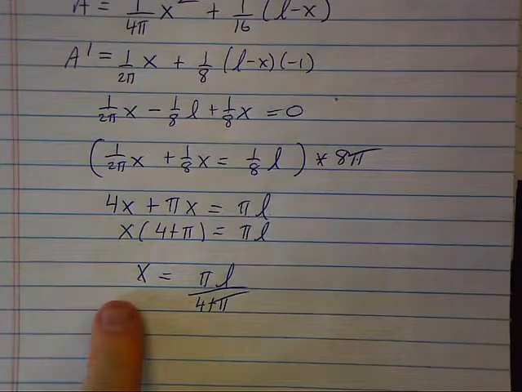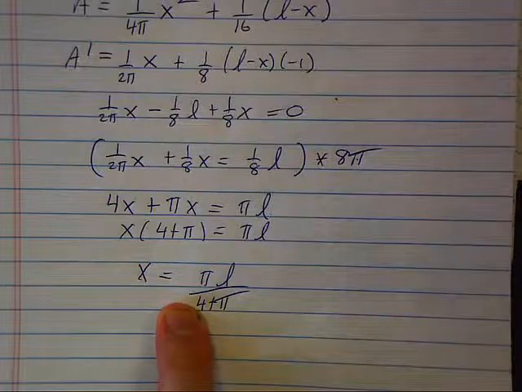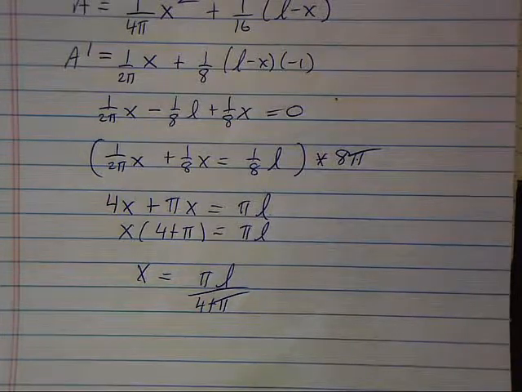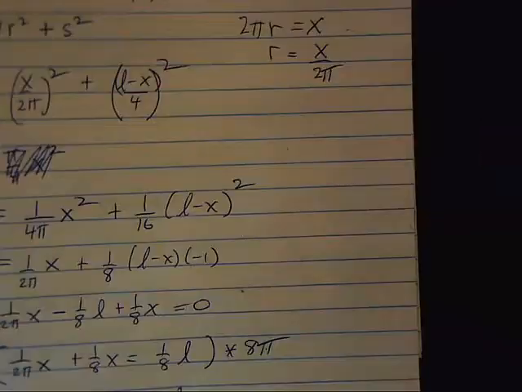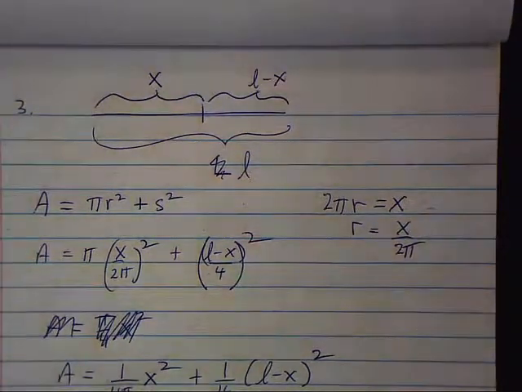No, x is a distance, remember. x can't be positive and negative, it can only be positive. Would x equal 0 be something interesting? Remember what we're doing here. If x is 0, then you still have the length L minus x.